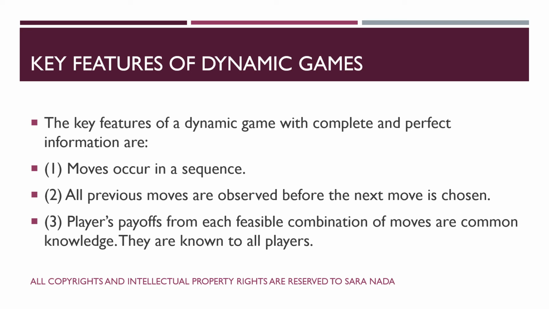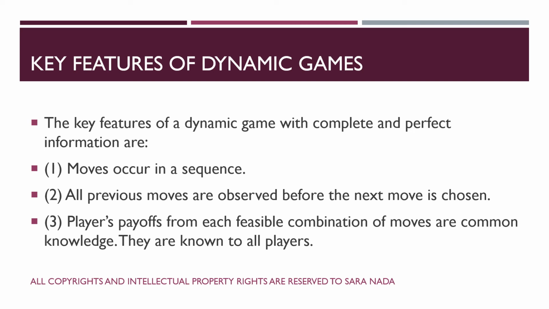Then at a second stage, the second player moves. So moves occur in a sequence. The second key feature is that all previous moves are observed before the next move is chosen. And the third one is that players' payoffs are known to all players. The payoffs from each feasible combination of moves are common knowledge, so they are known to all players.